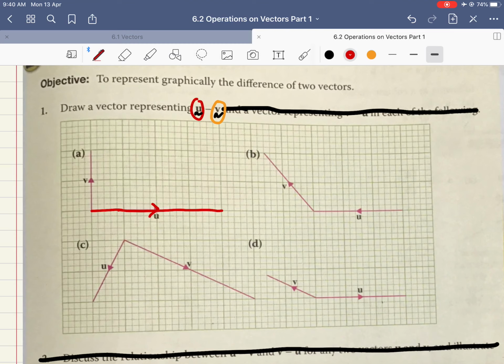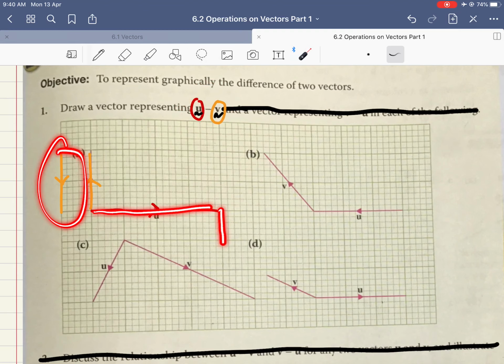I'm adding it to v. So let's pay attention to v for a short moment. Positive v is going upwards like this. How would you draw negative v? Negative v will of course be going downwards like this. So when I say vector u minus v, I'm adding vector u to negative v like this.